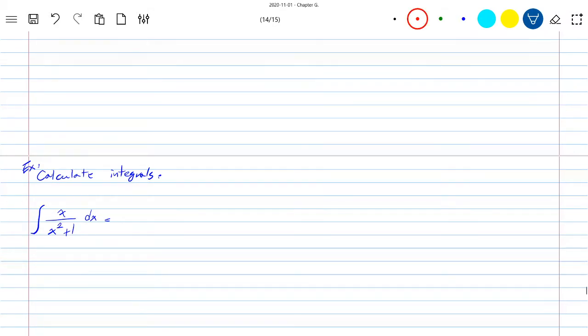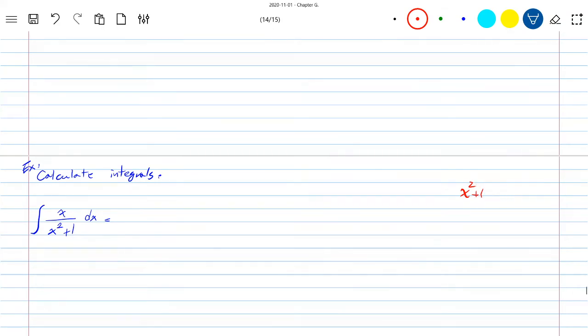Let's calculate these integrals. Calculate the integral of x divided by x squared plus 1. You might ask yourself, okay, how is this related to ln? And if you look at this, there is no way to simplify this fraction. So what I can do is start by testing substitutions. What if I pick x squared plus 1 to be our substitution u? Then what do we get for the derivative?